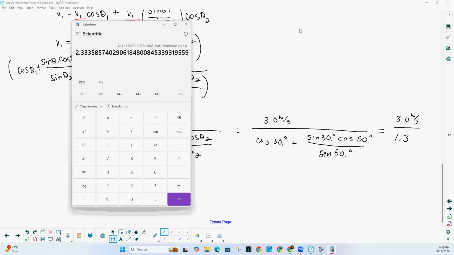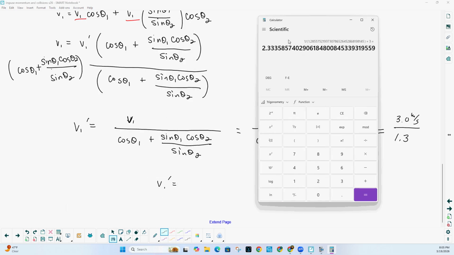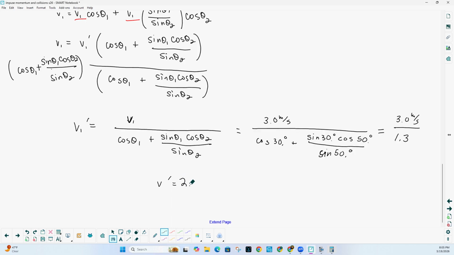And that means that my final speed after the collision is going to be 2.3 meters per second. Okay, and that's for 1.